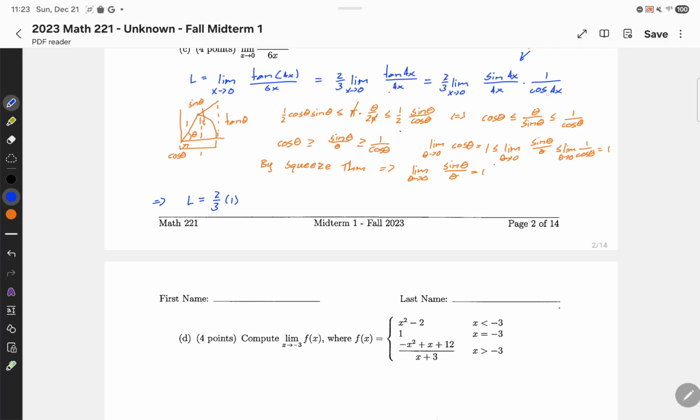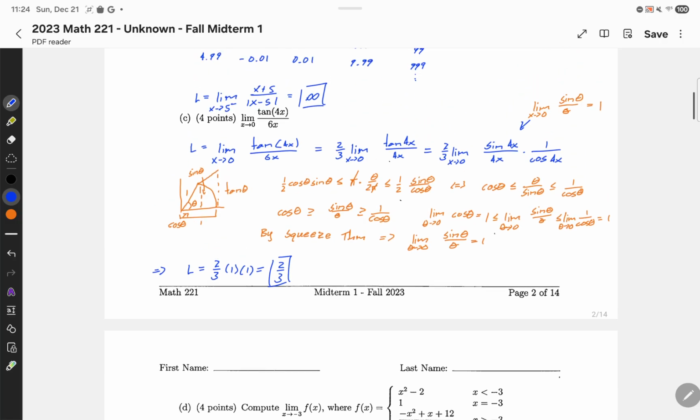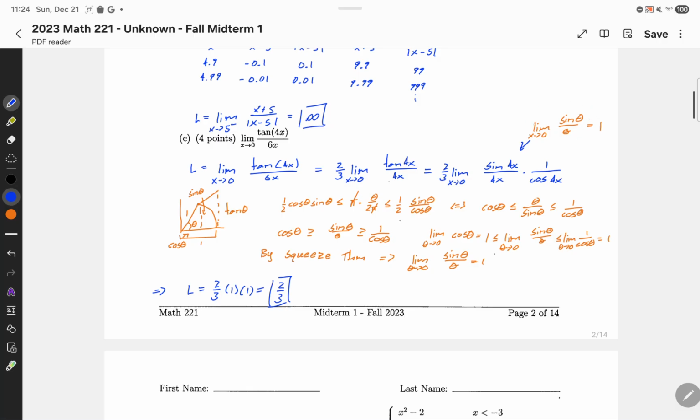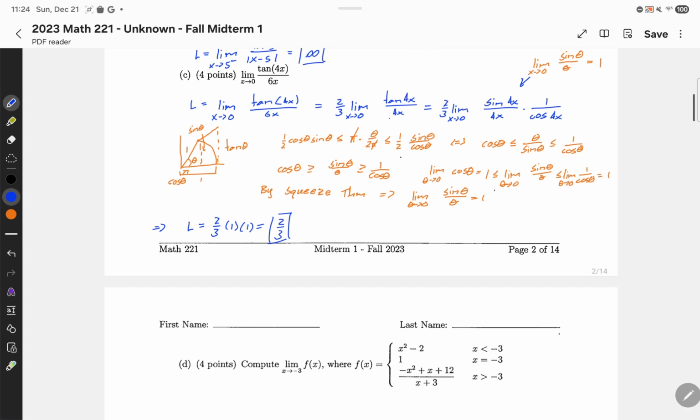And then if we plug in 0 into 1 over cosine, well, that's just going to be 1 over cosine of 0, which is 1. So this is also going to be 1. And we are just left with 2/3, which is our final answer. So yeah, that's a tricky one. But again, if your professor has covered this in class, this limit, which is pretty common, you're probably good to just mention that, and you don't need to prove it all like this.